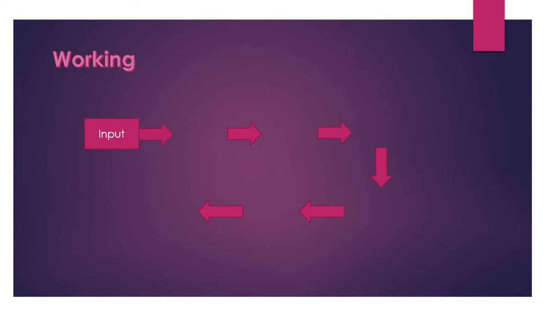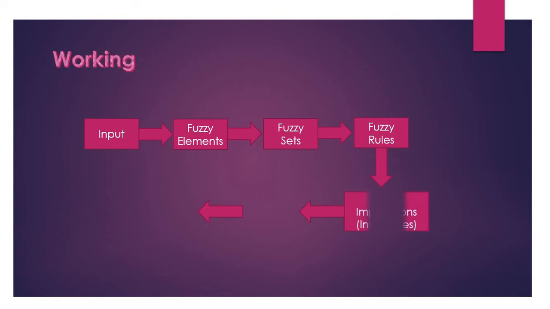Now, how can fuzzy logic work? Here is the process. First, we give the input, then we create fuzzy elements, then create fuzzy sets, then create fuzzy rules, and based on these rules there will be the implementation.